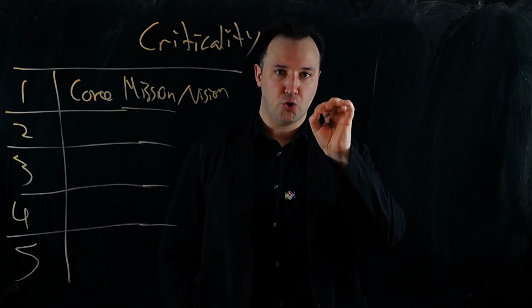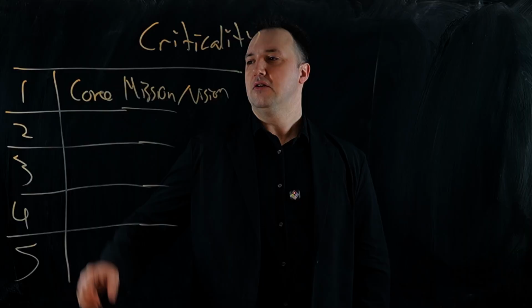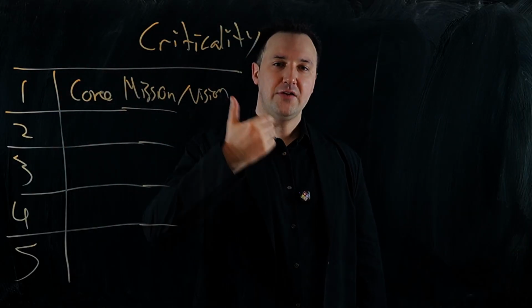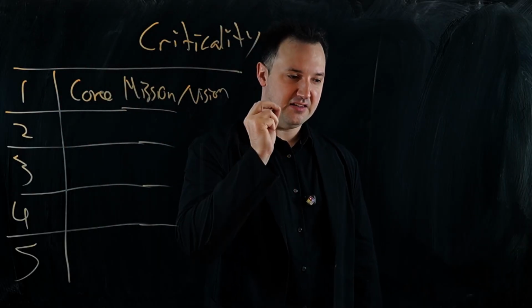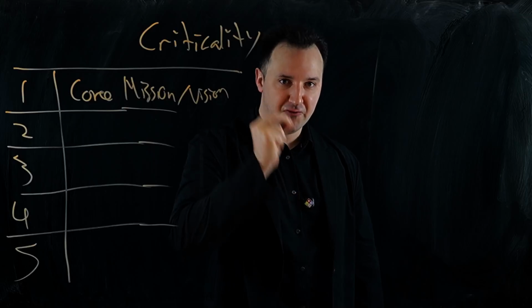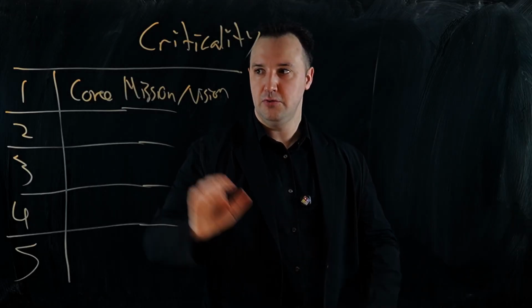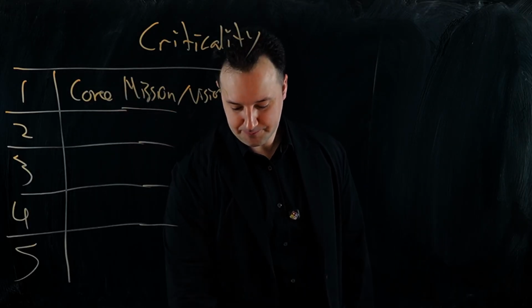So the thing that meets your core mission or vision. Why do we exist? The thing that we do that fulfills that purpose. This is what we do. That's your number 1.